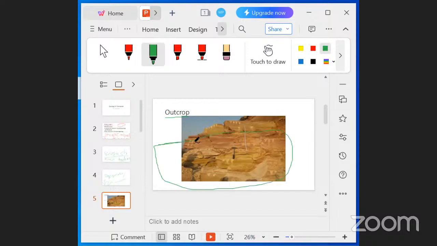You see here in this figure, this is the outcrop, the exposure of the rocks on the surface of the earth. If the rocks are not exposed on the surface of the earth, they are referred to as inlier.